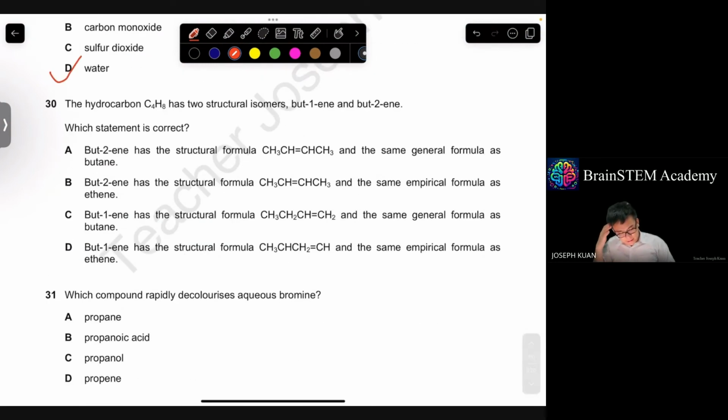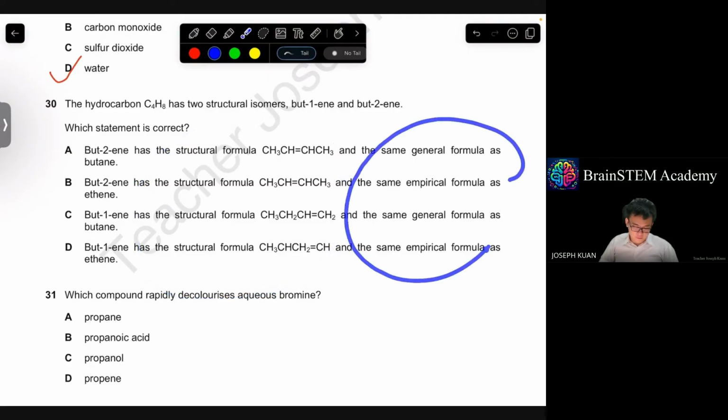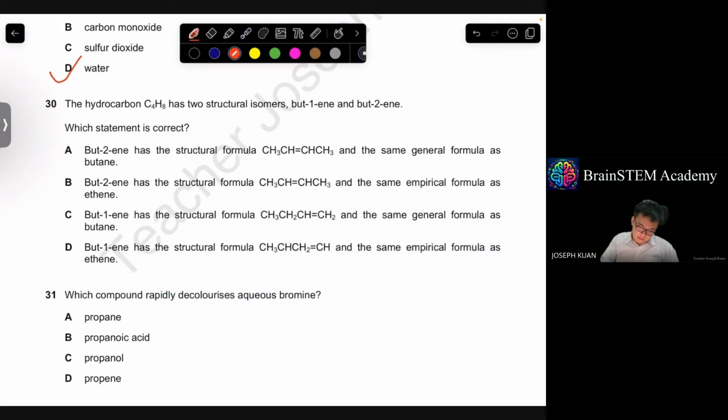Next, the hydrocarbon C4H8 has two structural isomers, but-1-ene and but-2-ene. Which statement is correct? Okay, this one requires more brain power. We can analyze the second half first. We know alkenes and alkanes will never have the same general formula, at least in the syllabus.